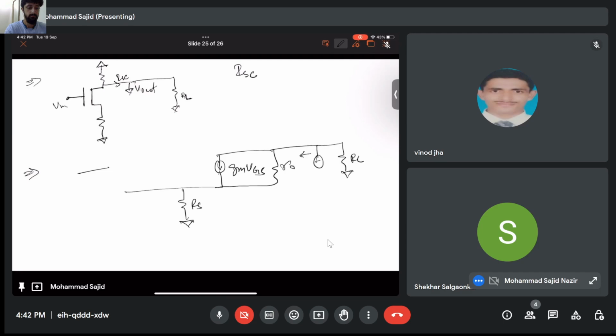If you want to complicate the situation, you connect the test source here. But to make it easy, connect a test source here such that this is Ix and find this R out, and then the final R total will be simply R out parallel RL. This is how you simplify your analysis.